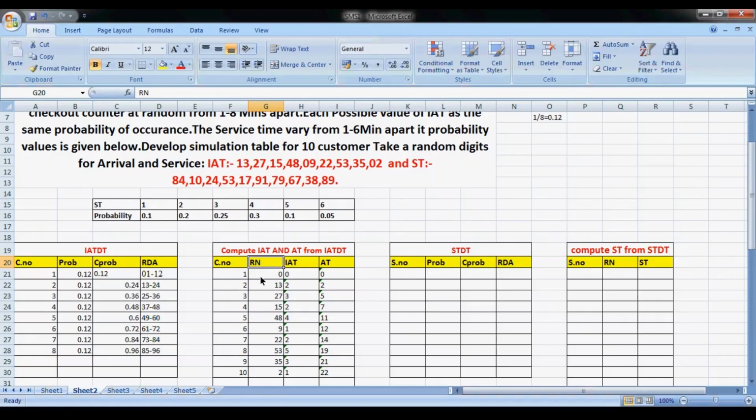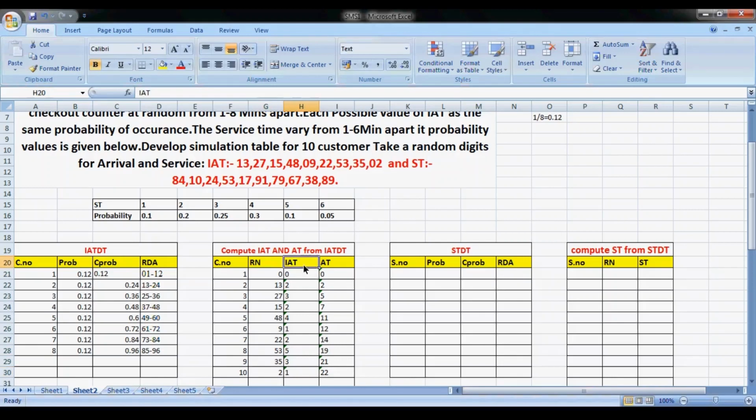Always remember that the random digit number for the first customer will be 0, or nothing but a dash. In Excel I have written 0, but in the exam, in the answer sheet, you have to write a dash. For the second customer it is given as 13 in the question. Next 27 is given, 15, 48, 9, 22, 53, 35 and 2.